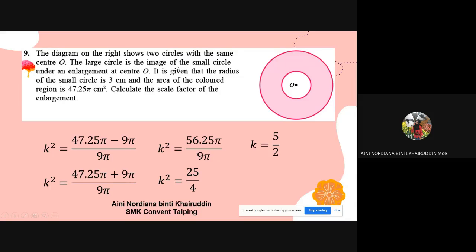The large circle is the image and the small circle is the object under an enlargement at center O. It is given that the radius of the small circle is 3 cm, and the area of the colored region is 47.25π cm².